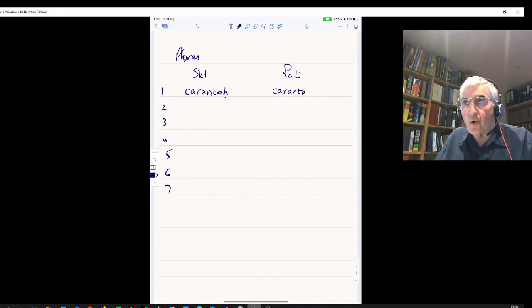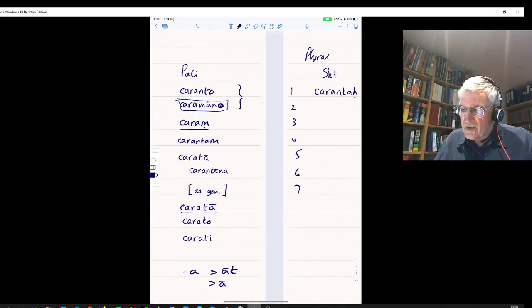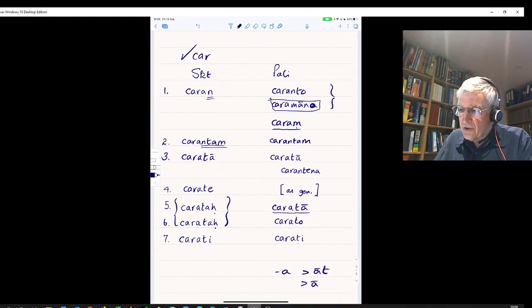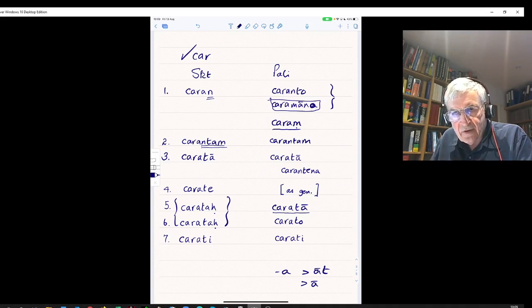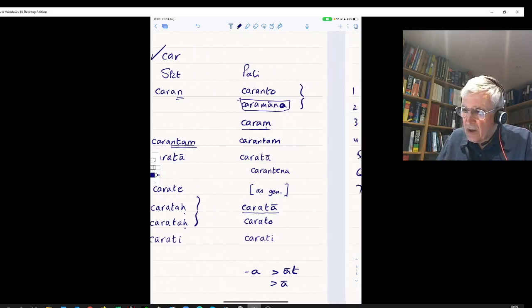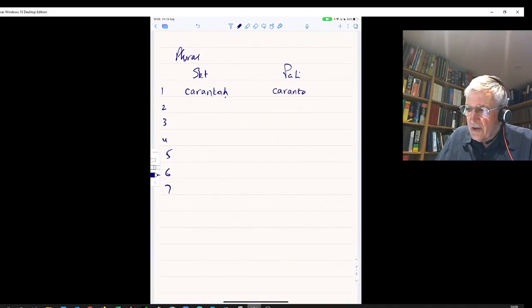This charanto in the nominative plural looks like this alternative form charanto in the singular, but they're from different stems. Charanto in Pali in the singular is where the present participle is based on the anta stem. If it were following the Sanskrit, the singular would be charaṃ. So this plural charanto is charanto because it's reflecting the Sanskrit charantaḥ.